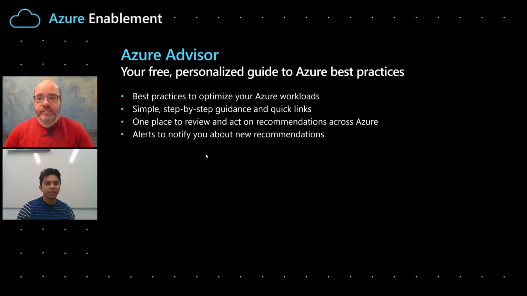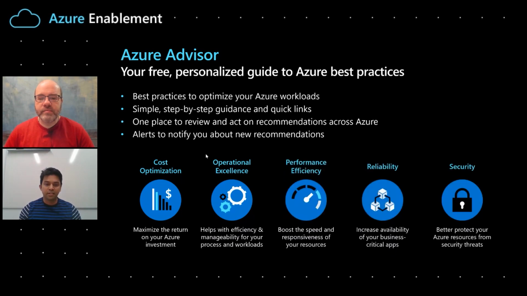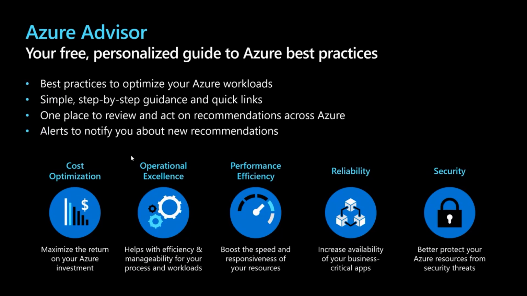Great. Okay. So here you can see Azure Advisor is your personalized cloud consultant. It provides you best practice recommendations, which are tailor-made for your applications. And these recommendations are super actionable. It's low cost, low investment. The biggest thing here is Advisor aligns really well with the Well-Architected Framework.